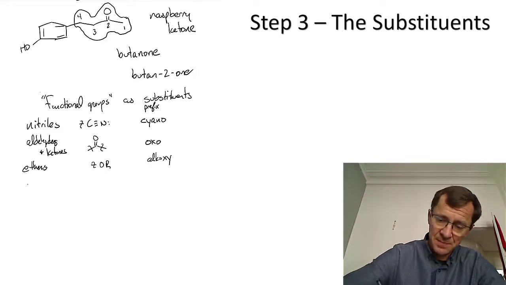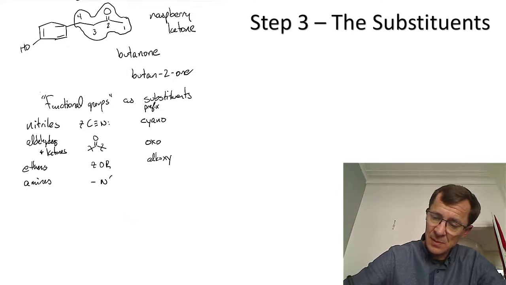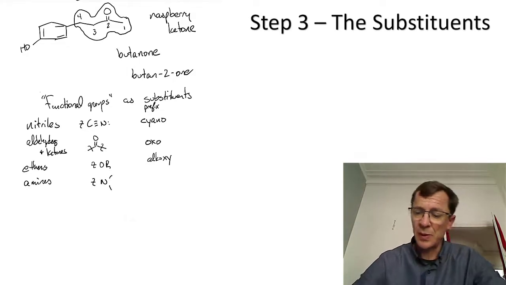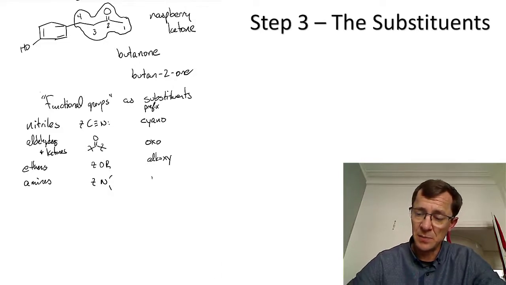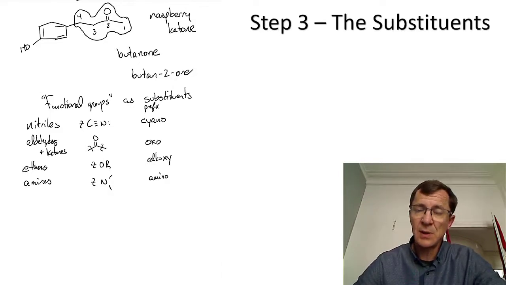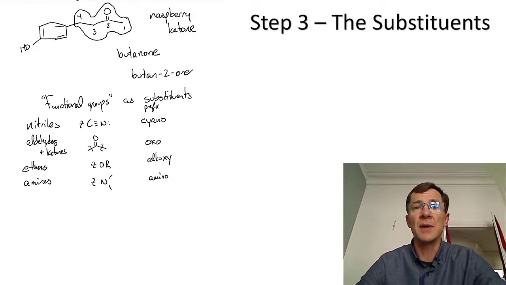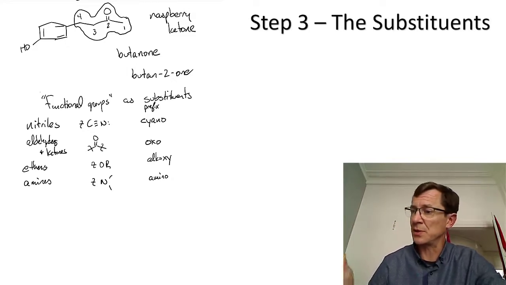Amines. Where you're attached to the parent hydrocarbon at the squiggly line, but you can have H's or alkyl groups off the nitrogen. Those are just amino. We will talk later on about what to do when there's more alkyl groups on the nitrogen than just one. It's not as hard as you would think.